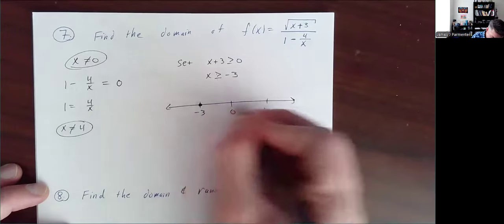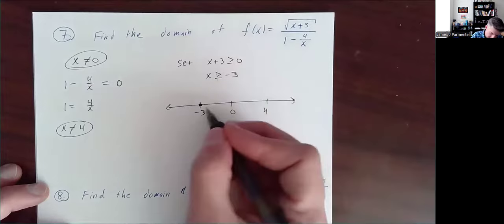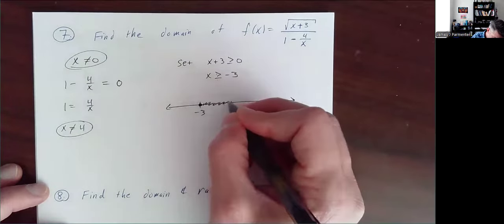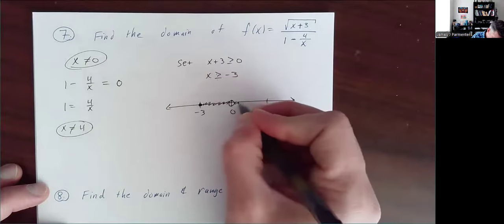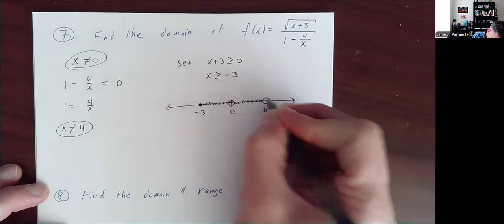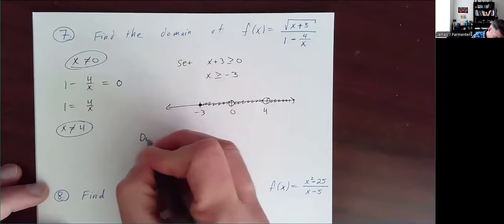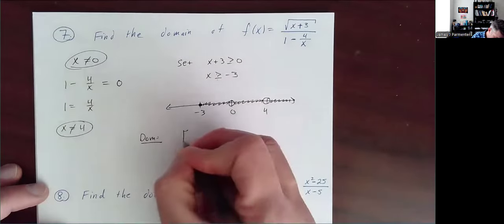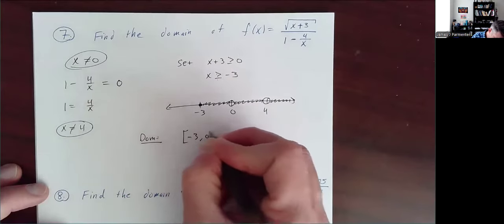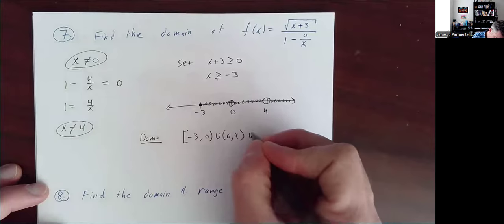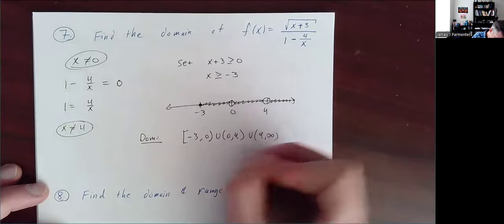I want everything to the right because that's the bigger side, so I don't want any of this stuff to the left. And then I don't want 0, and I don't want 4, but I want everything else. So my interval notation for my domain is going to be everything from bracket -3 to 0 with the parentheses, union 0 to 4, both with parentheses, union 4 to infinity, both with parentheses.